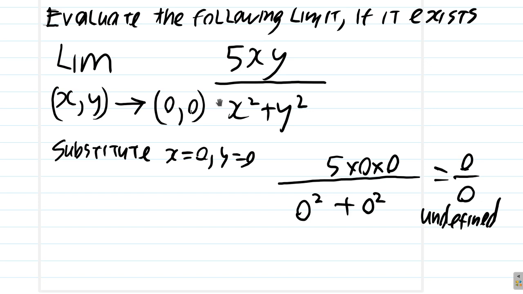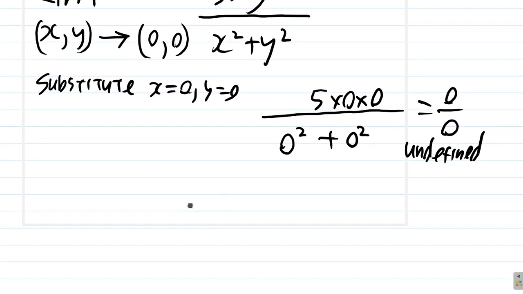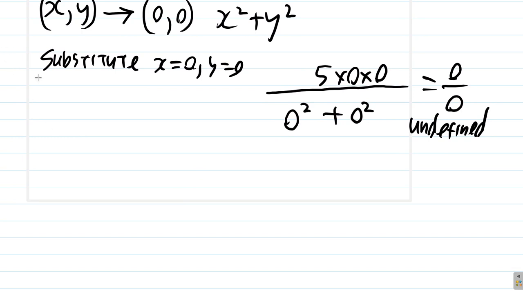If we divide by x or divide by y, we still have an undefined situation. It doesn't seem like we can factorize the numerator and divide it, and factorize the denominator if necessary, and then divide anything. So what we'll have to do here, we have both of them approaching 0, 0.